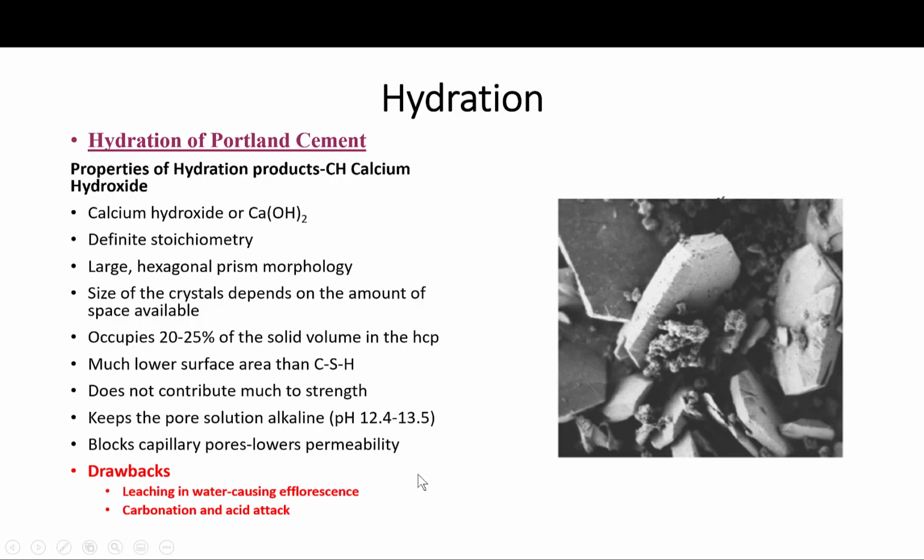The presence of the calcium hydroxide is prone to leaching in water, which will cause efflorescence. And also, its presence will make the concrete vulnerable to carbonation, as we will see later, and acid attack. We will discuss those when we talk about durability.